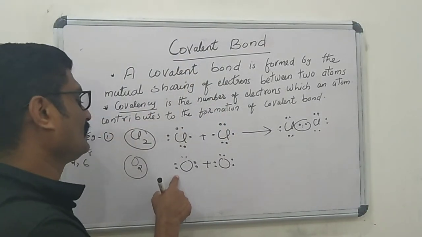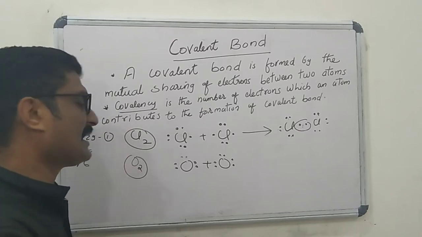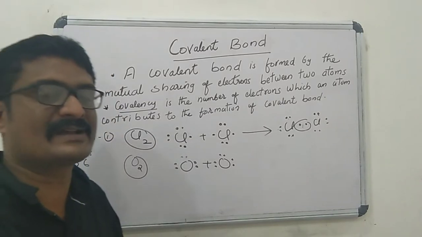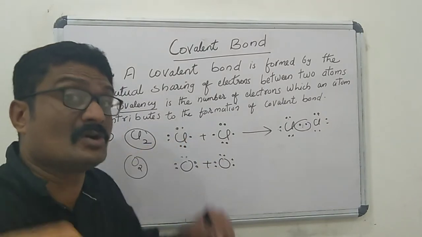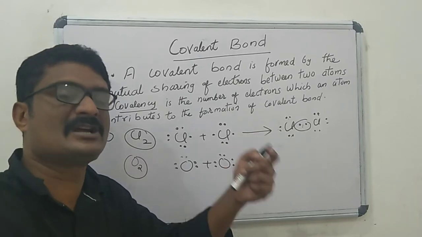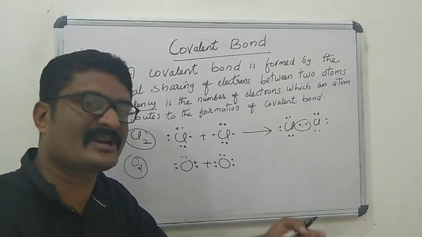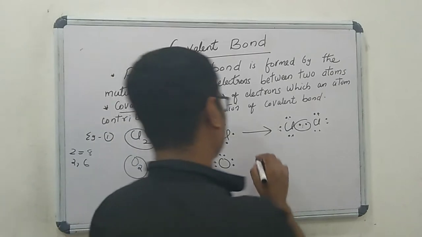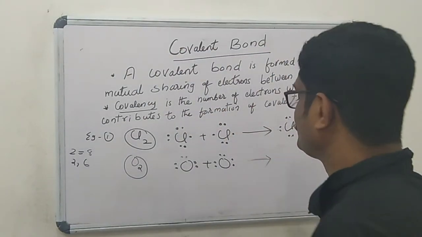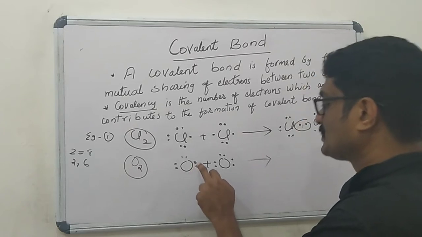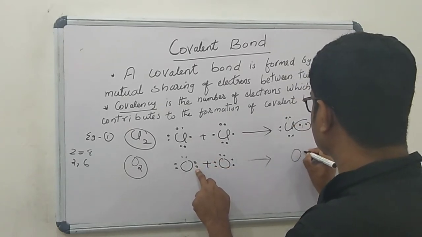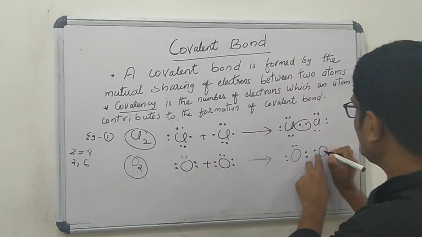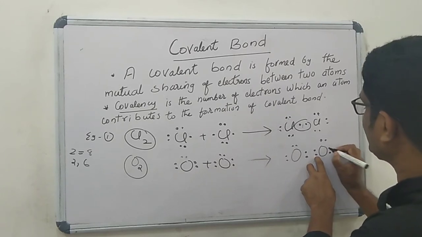In the oxygen molecule, each oxygen atom has 6 electrons in its outermost shell. Therefore, each oxygen atom requires 2 more electrons to attain the stable electronic configuration, the octet configuration, or the nearest noble gas like electronic configuration. Here the first oxygen atom shares its 2 electrons with 2 electrons of the second oxygen atom.